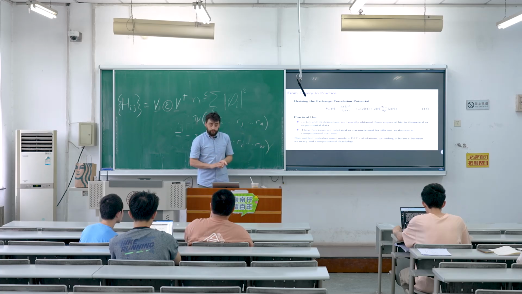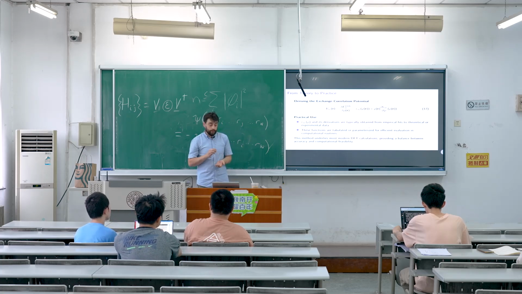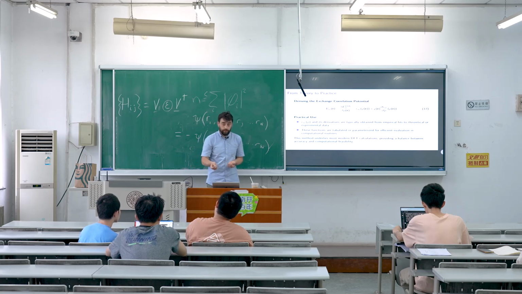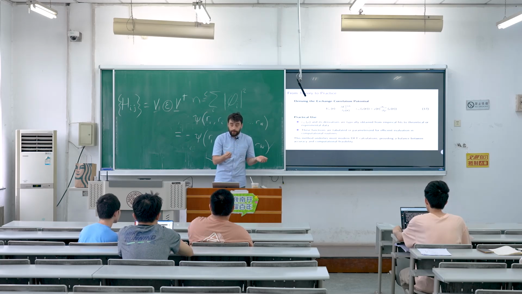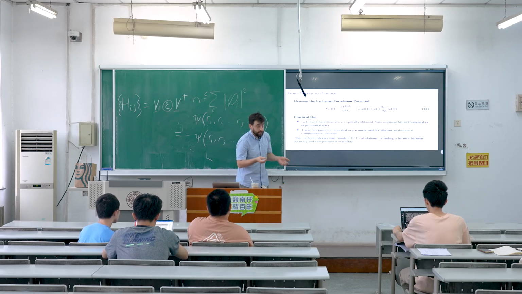We also need potentials. In our Hamiltonian, the potential that we feed into our DFT Hamiltonian has several terms, right? The Coulomb potential, and of course, the last term in the potential is the exchange correlation potential.